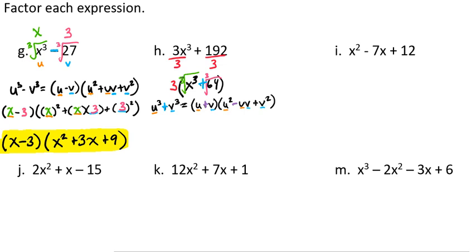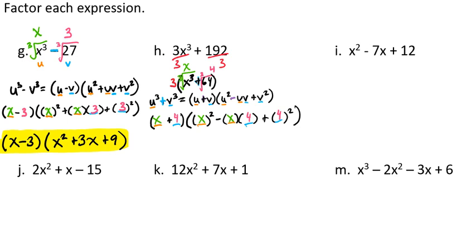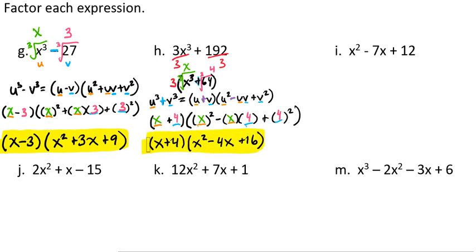So our u will be the cube root of x cubed, which is x, and our v will be the cube root of 64, which is 4. So we'll fill those in, and we're going to simplify that, which gives us x plus 4 times x squared minus 4x plus 16. And we now have this completely factored.